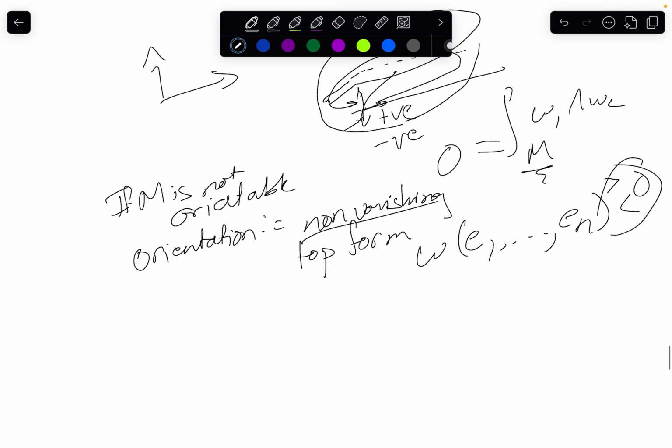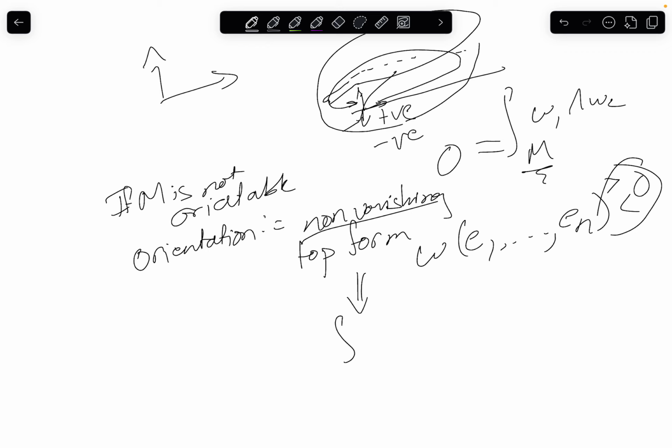Now this implies that the integral over M of this orientation form omega is non-zero.